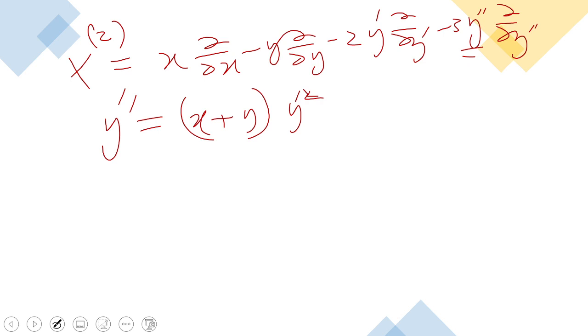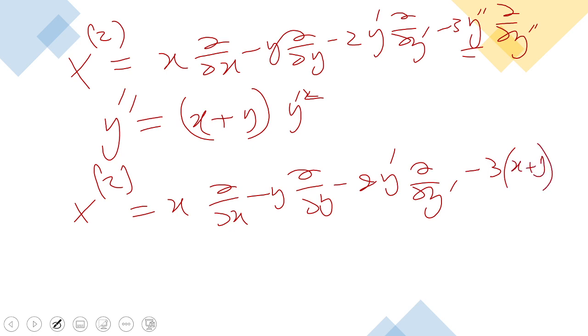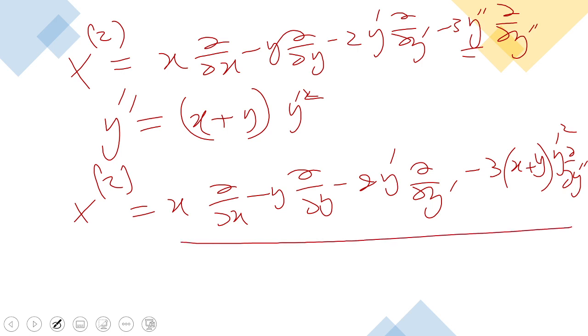So in fact, what is my second extension? x partial by partial x minus y partial by partial y minus 2y dash partial by partial y dash minus 3 into x plus y dash square partial by partial y double dash. So I will operate this on the given differential equation and see what happens.